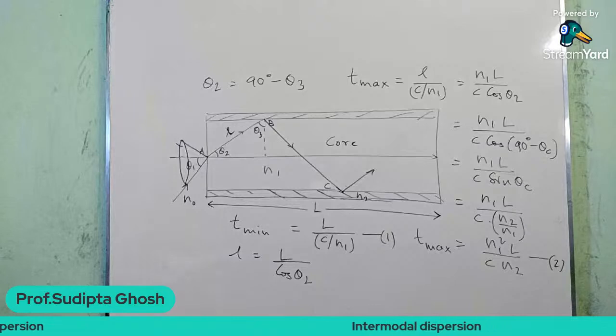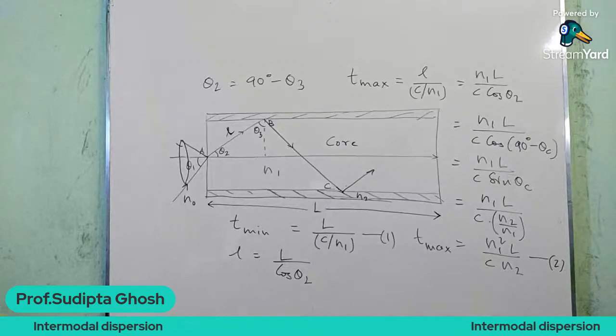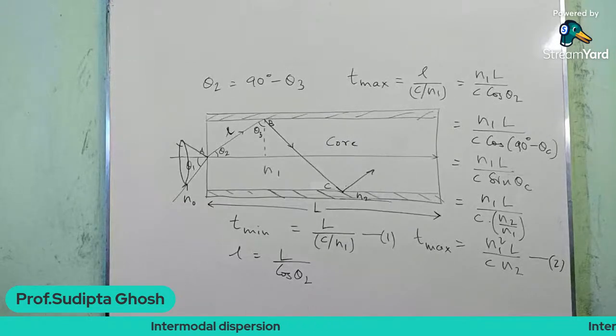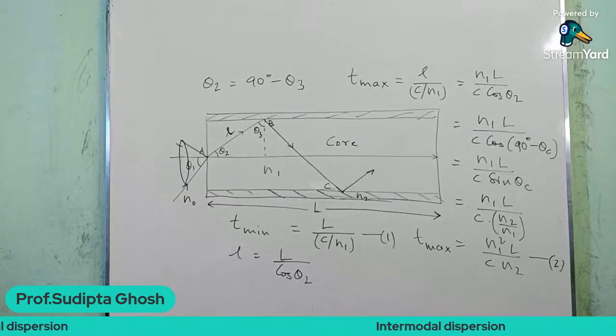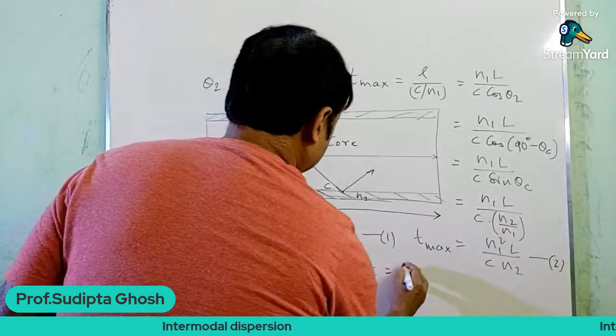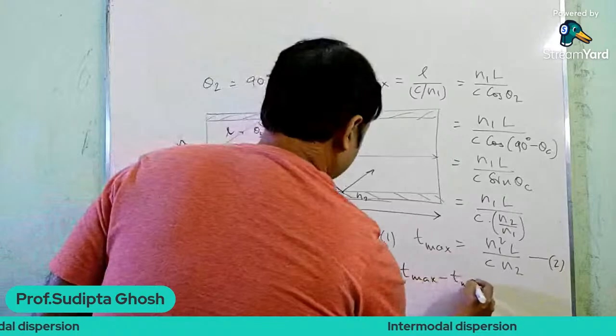So now let's find the maximum time interval between the rays at the output end, which is delta t, and which can be found very easily by subtracting T min from T max. So the maximum time interval delta t equals T max minus T min.